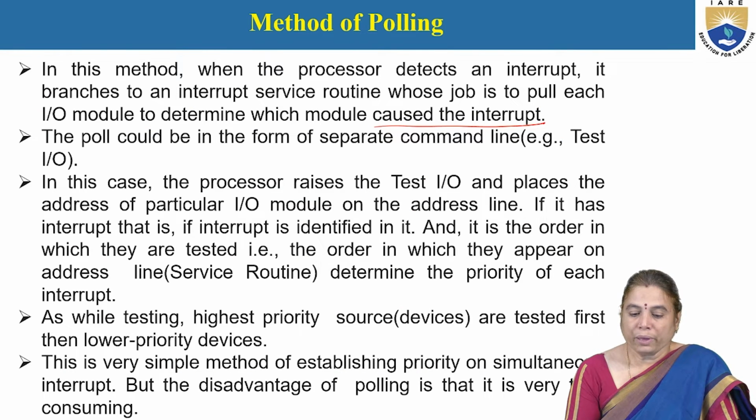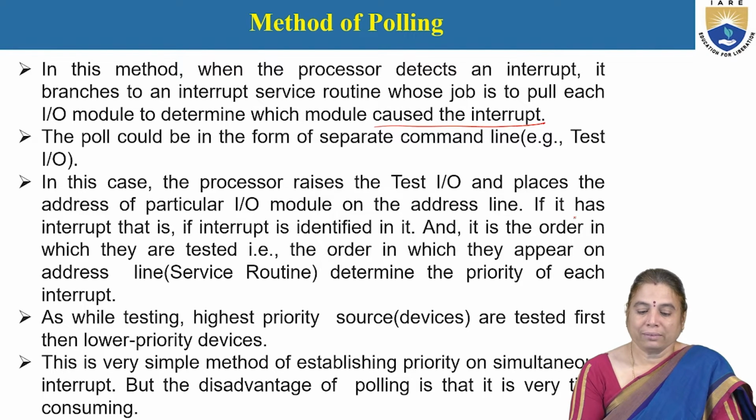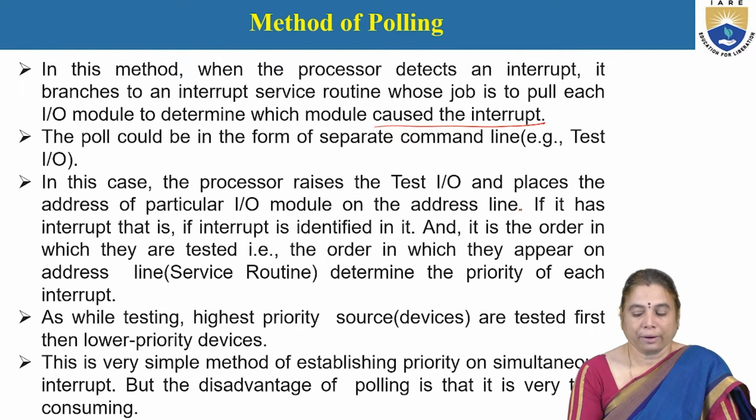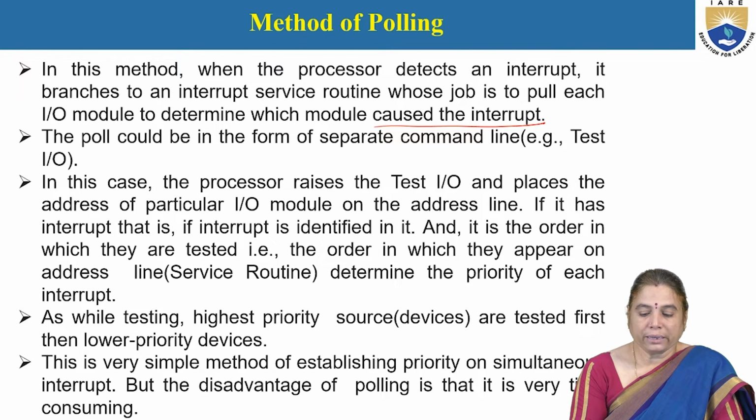The poll could be in the form of separate command lines, to test the I/O command signals, polling each and every device. In this case, the processor raises the test I/O and places the address of a particular I/O module on the address line. If it has the interrupt, the interrupt is identified, and the order in which the modules are tested is the order in which they appear on the address line.